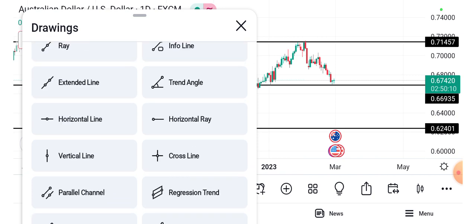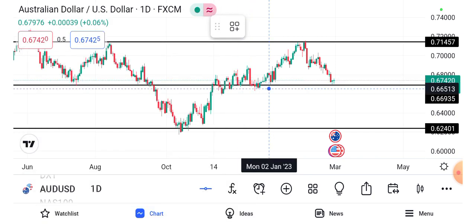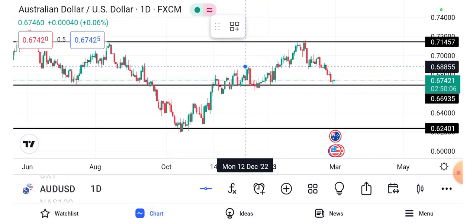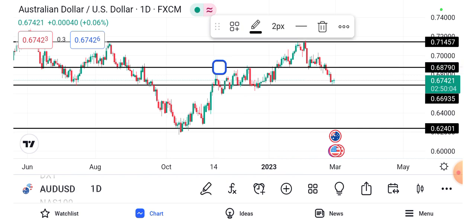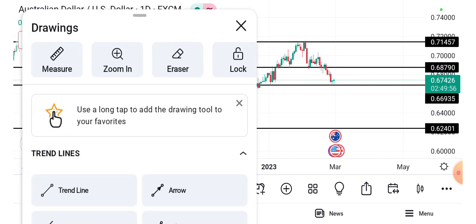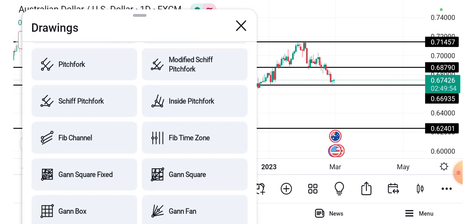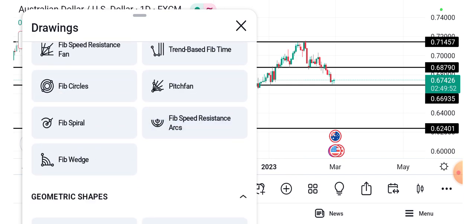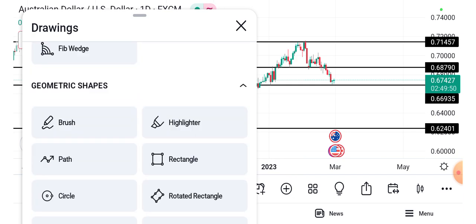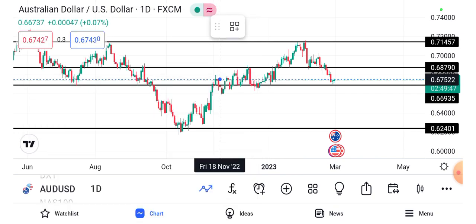And then another level that is strong is this level right here. I'm choosing this level because this is the neckline for the pattern that I see. You must also know patterns, guys. You have to do research on patterns. There are so many patterns within the market, so you have to know most of them.